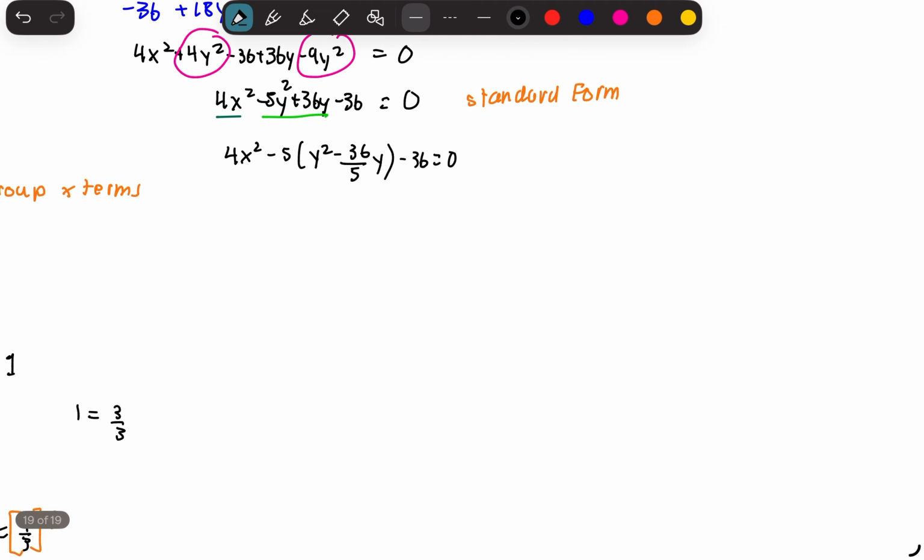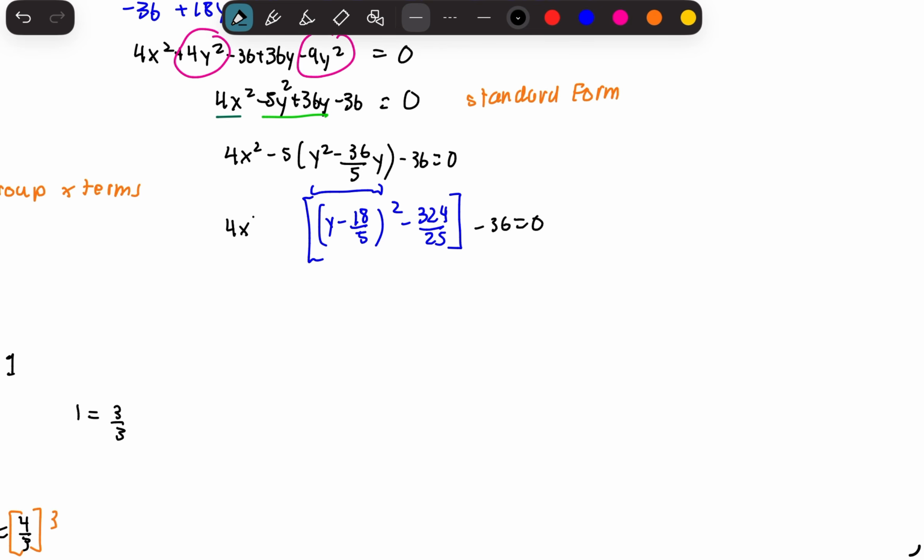So you're going to complete the square in here. You're going to have y squared minus 36 over 5 y is equal to y minus 18 over 5 squared minus 324 over 25. So put this in parentheses, and this is going to be minus 36 is equal to 0.